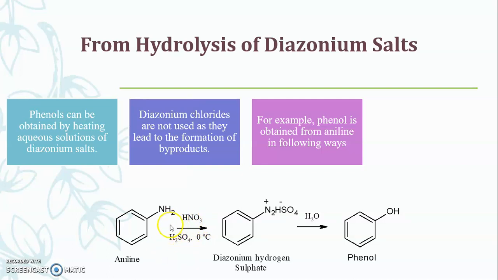Due to the treatment with sodium nitrite and H2SO4, nitrous acid is formed. Remember, HNO3 is nitric acid. Here HNO2 should be there. HNO2 is known as nitrous acid and HNO3 is nitric acid. That is the difference between HNO3 and HNO2, which leads to the conversion into diazonium hydrogen sulfate, the diazonium salt.